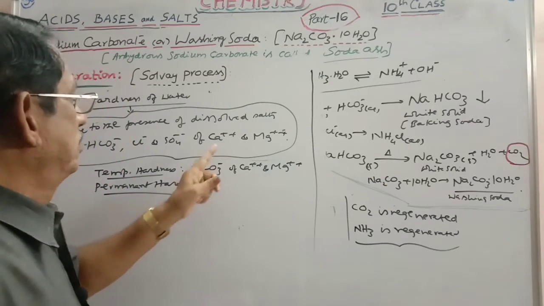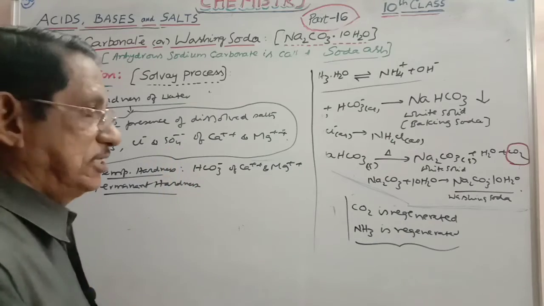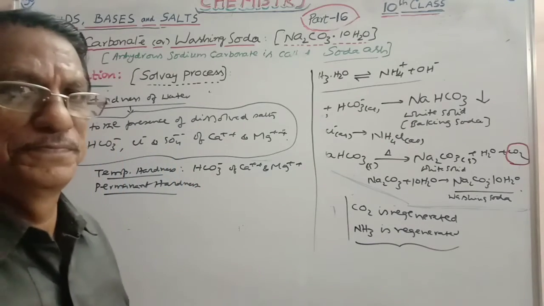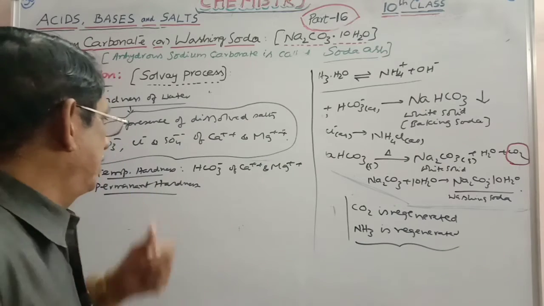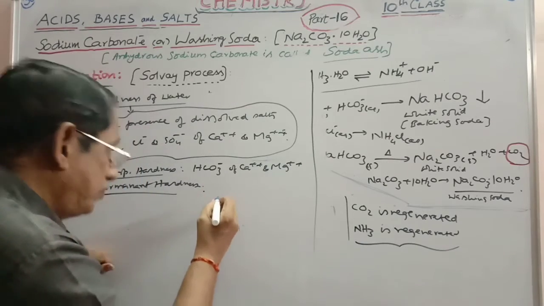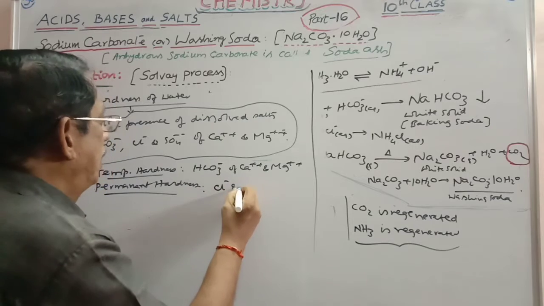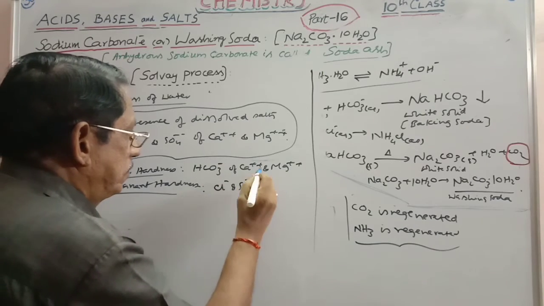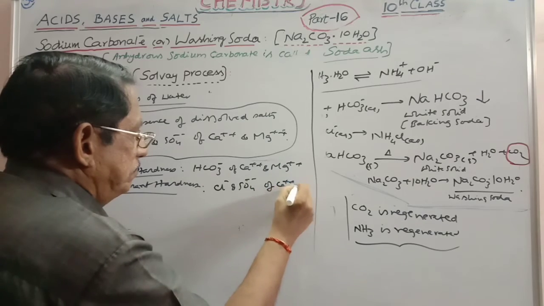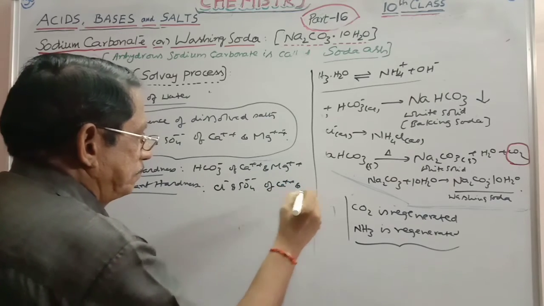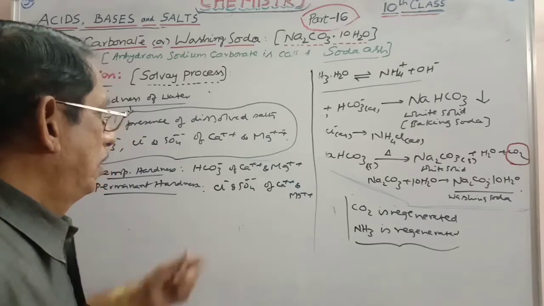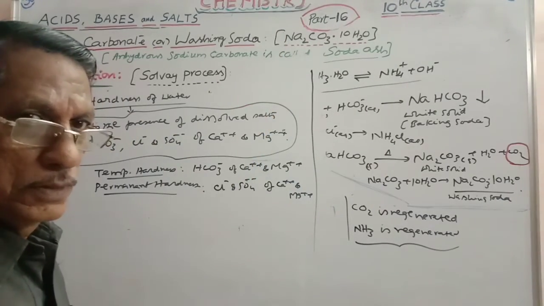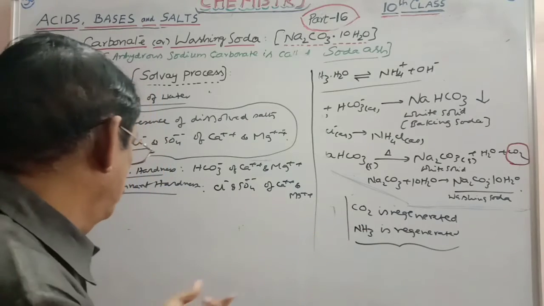But in the case of calcium chloride, calcium sulfate, just by boiling, they cannot be precipitated. And that is why it is permanent hardness. So, permanent hardness is due to chlorides and sulfates of calcium and magnesium. These can be removed by using sodium carbonate. Sodium carbonate solution is added to hard water.